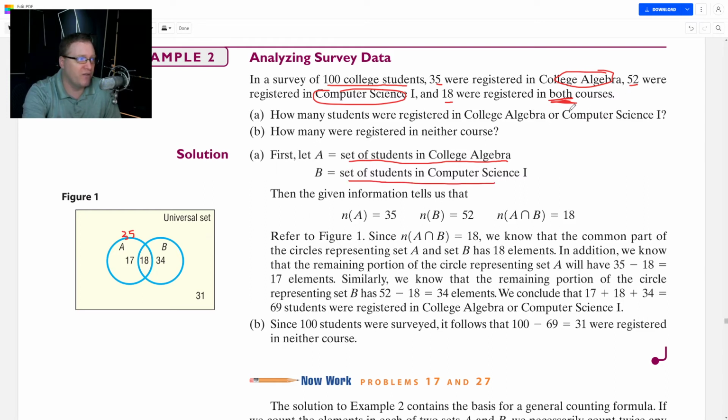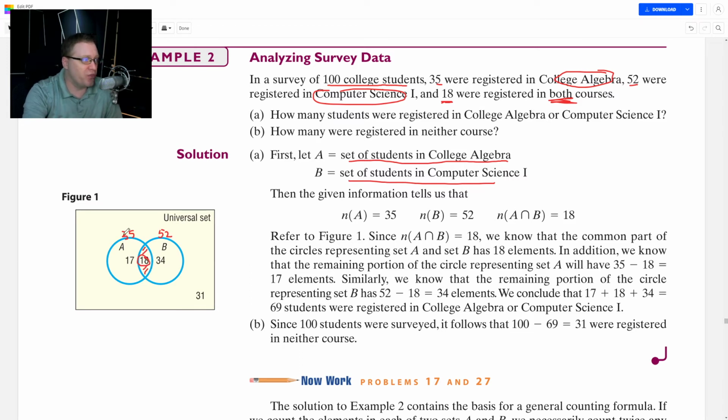Now, how many were there? 52. So in this circle B, we know that there are 52 students. But there are some students that are in both of them. How many students are in both classes? 18. So we have 18 that are in both classes.